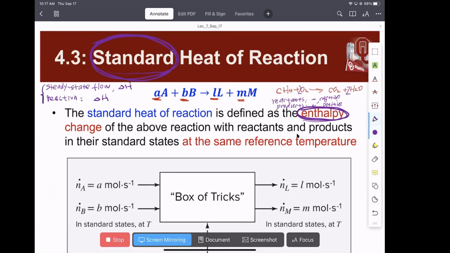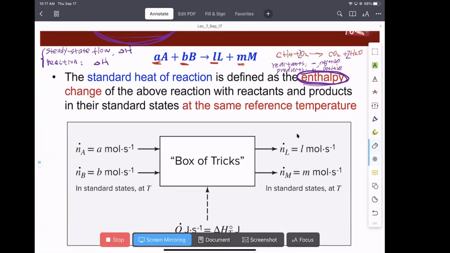I'll save some remarks for later discussion on why we use the enthalpy change to understand the standard heat of reaction in a following chapter. So we'll come back on this later.